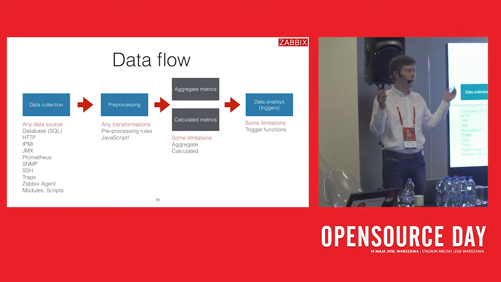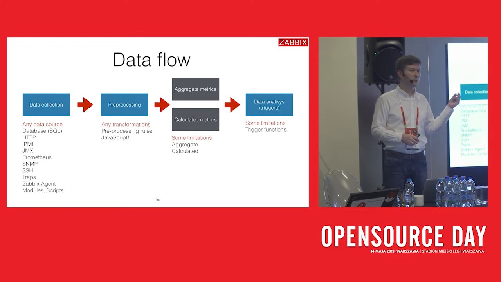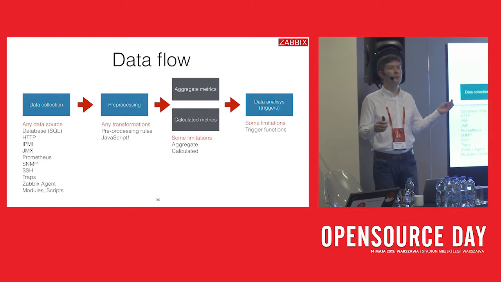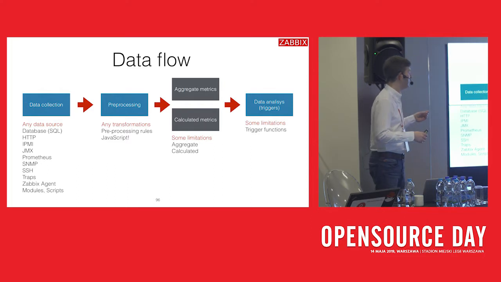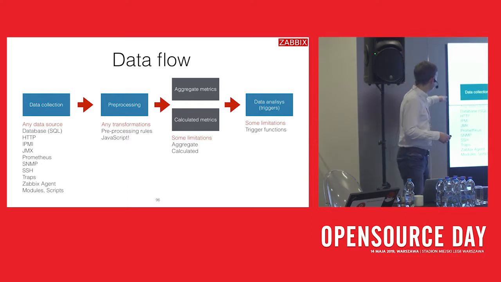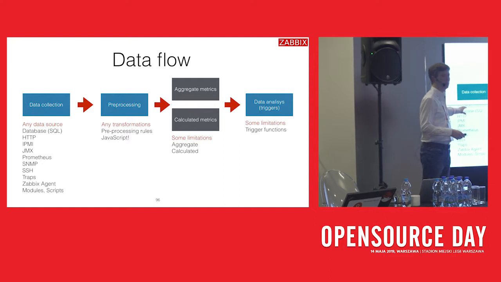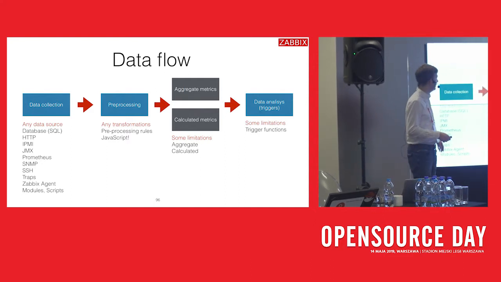Any data you can push, maybe with the only exception of binary data. We don't support now processing of images, for example, but I think it's also coming. So any data source: SQL, Prometheus, SNMP, SSH, traps, JMX, and so on. Actually, not so much limits here on this level.